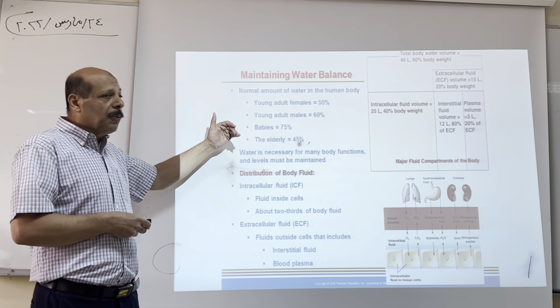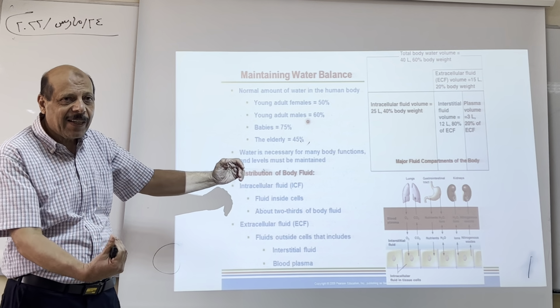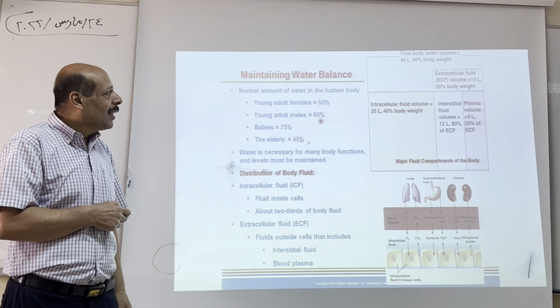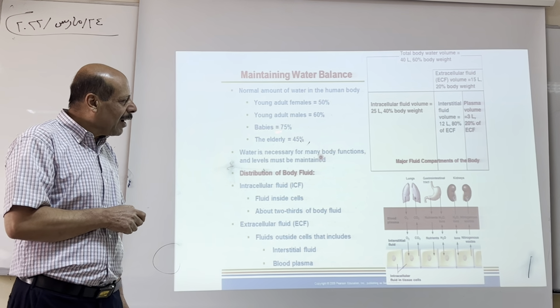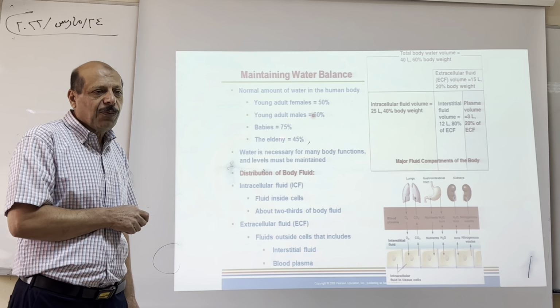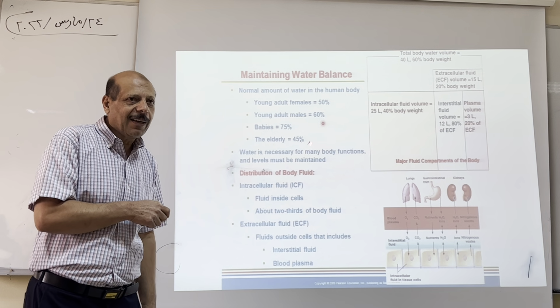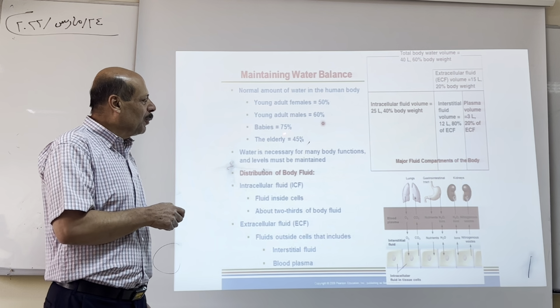That amount of fluid will be less by aging. So in an old adult, it will come down to around 50%. You will find some difference according to the reference that you are going to use.